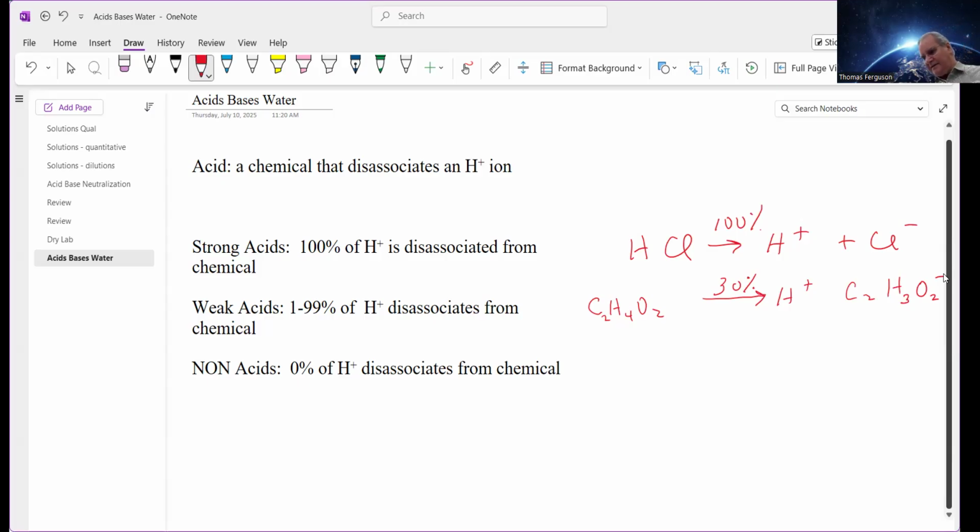Okay, and then a non-acid is just because there are H's there, that doesn't mean they come off. If they don't come off, they're not an acid. Example of that could be ethanol, drinking alcohol. Now, one H comes off.